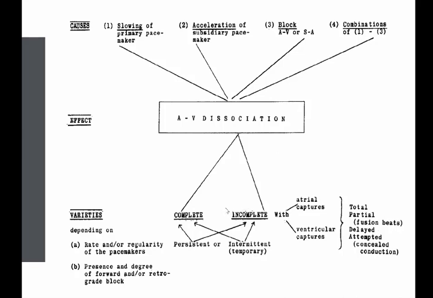This is in contrast to AV block, where the different degrees depend on whether there is a delay in conduction, whether the block is incomplete, where some P waves can pass to the ventricles and others cannot, or complete, where no P waves can pass to the ventricles. Whereas complete versus incomplete AV dissociation just means that complete has no capture beats, and incomplete has atrial or ventricular captures.